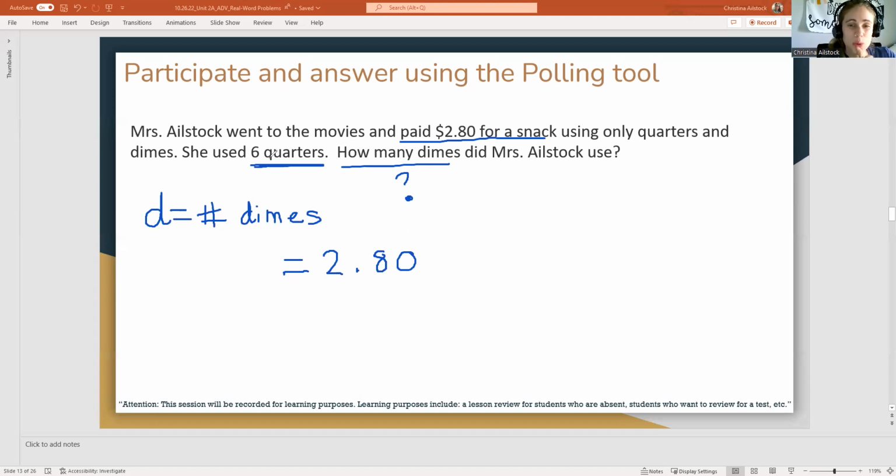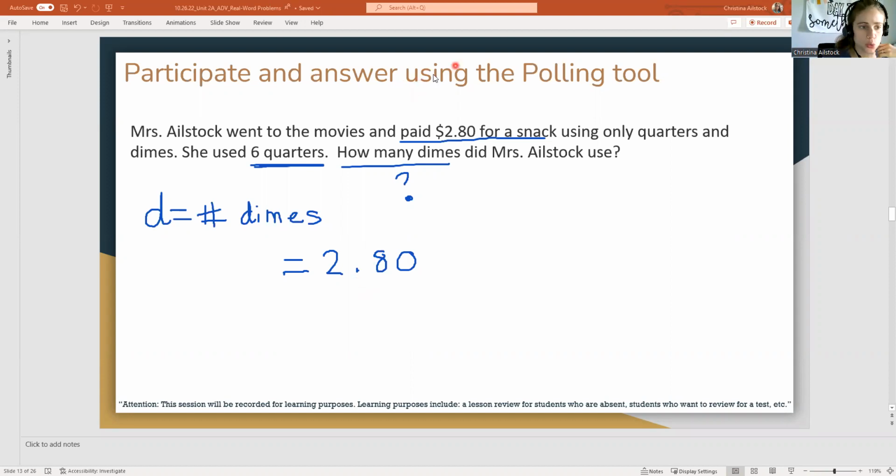I need to do a little bit more than that because it's not that I had $6 or 6 cents, it's that I used 6 quarters. And my total over here is in dollar amounts. So therefore, when I'm setting up my equation, I need to make sure I'm being consistent with dollar amounts, or maybe I should just say money amounts because we're kind of working with cents here.